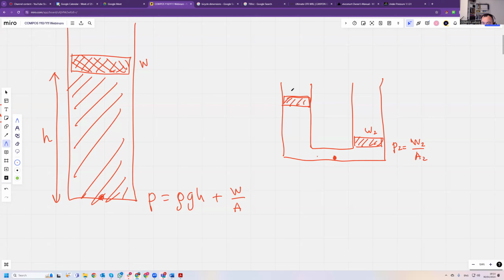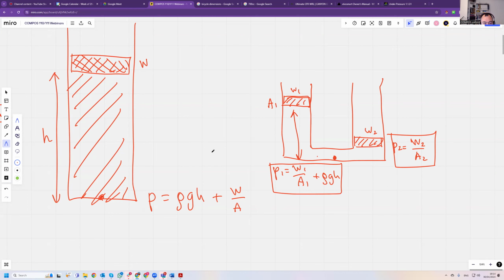And here we have weight 1. So pressure 1 is weight 1 over A1 plus the extra pressure from the liquid, rho GH. And once you make this equal to that, that's how you solve. Everything else is just maths.